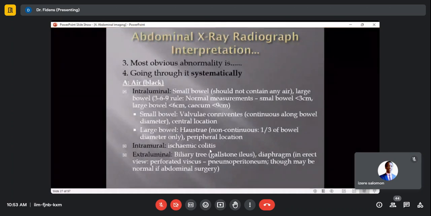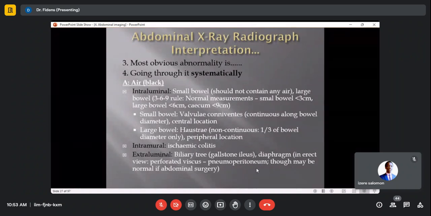And extraluminal, now think of first of all pneumoperitoneum, but also we can have biliary tree air. Biliary tree air, think of infections. And under the diaphragm, think of pneumoperitoneum. Pneumoperitoneum can be either pathological or can be there after surgery.